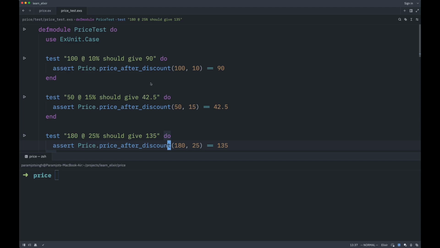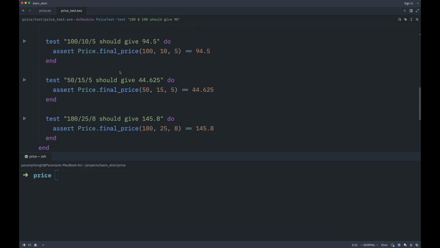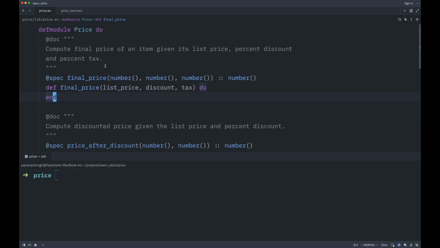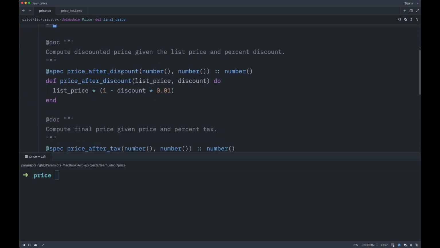So here I am back in my editor, and we have written three different test cases for this function price after discount, and this is again using the table that we just saw. Three different test cases for price after tax, three different test cases for final price. Going back to my implementation, we have an implementation for the price after discount.